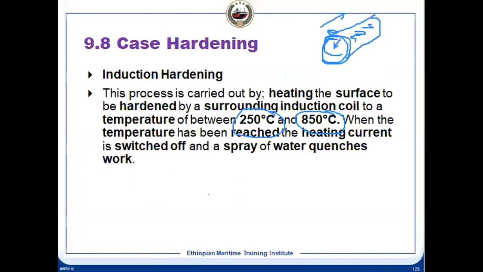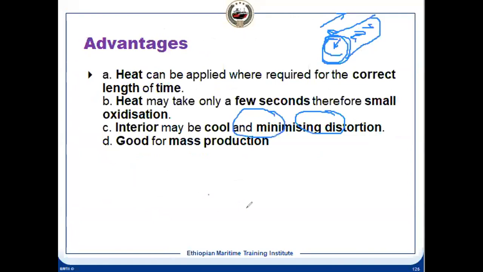Now, what is the advantage of doing so? The advantage is the correct length of time the heat is applied. We heat it up on the surface and move it away, and in those few seconds a small amount of oxidation will take place here.